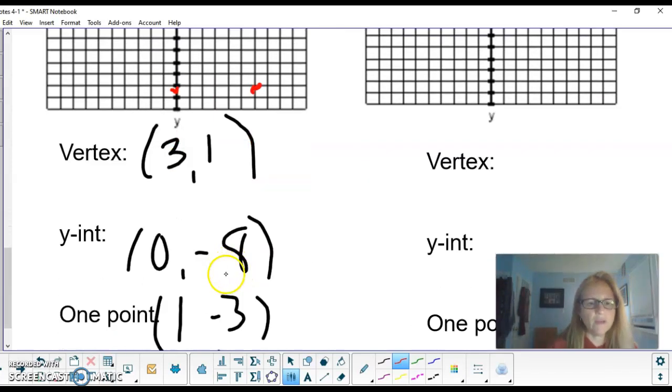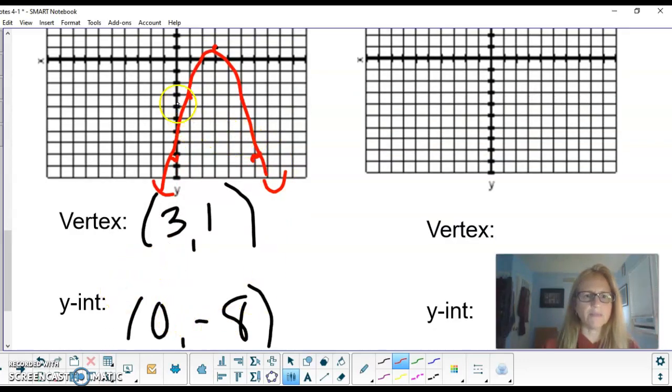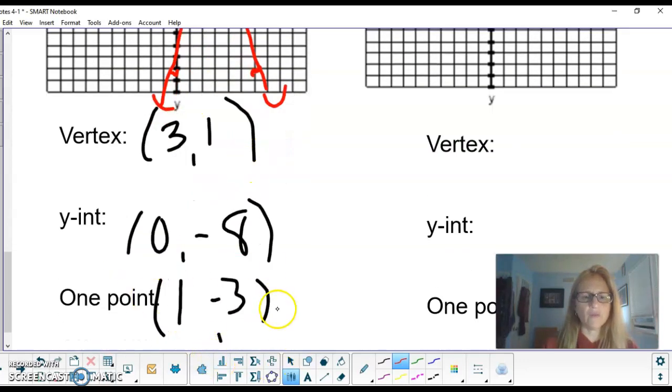And then what do we have here? (1, -3), and that's 2 to the left. So we'll go 2 to the right. And that's all you have to do. And believe me, you'll have enough practice tonight for homework, okay? So that is it. That's how you find the vertex, the y-intercept and the 3rd point, and then the 4th and 5th point from here.